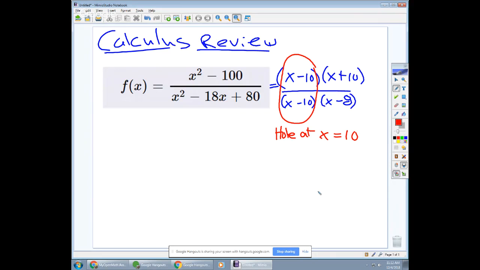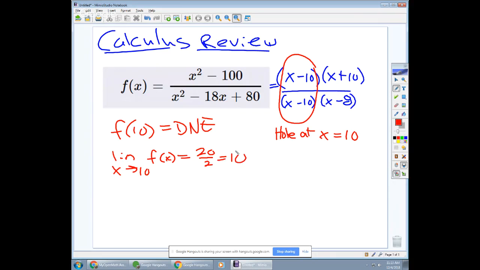So the original definition of the function isn't defined, but if you cancel that out, the rest of it works fine. So what we would find is, although f of 10 does not exist, if you take the limit using this definition over here, the limit as x goes to 10 of f of x is going to be equal to what, 20 over 2 or 10?